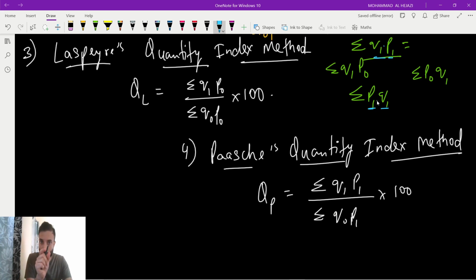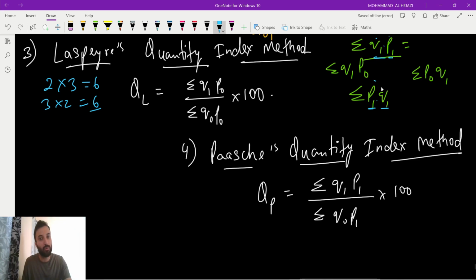You will take first Q1 value then P1 value, or you can take P1 value then Q1 value. In multiplication, if you do 2 into 3, you will get 6, or you can do 3 into 2, same 6. So Q1 P1 or P1 Q1, both are same. You can write Q1 P0 or P0 Q1, both are same. So remember this thing.